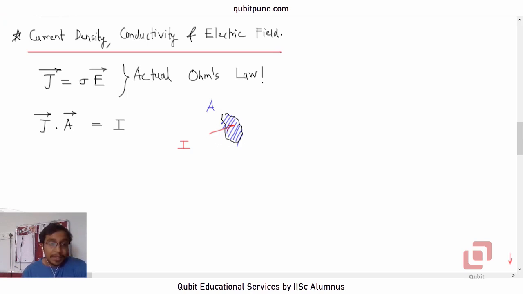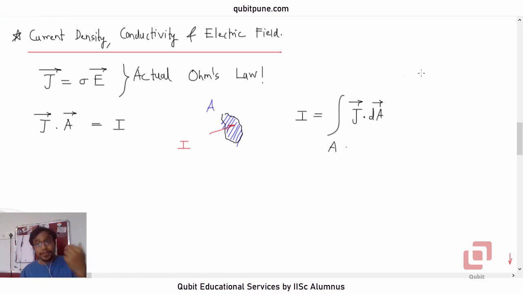Now, if the current is not steady, in that case we define the electric current as the integral of J bar dot dA bar, where the integral is taken over this particular area.